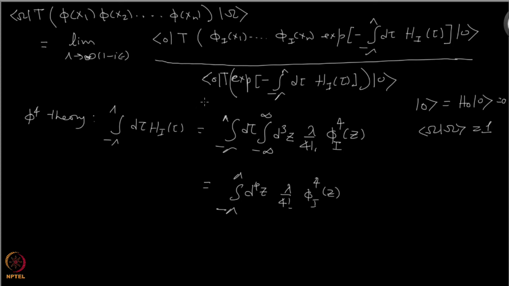So let me look at the numerator part here and the denominator part separately, okay. So the denominator is easy, it's almost the same thing as the numerator, except for the fact that phi I is with external points x1, x2, these are absent there, but it's the same thing. So let's start looking at the numerator.